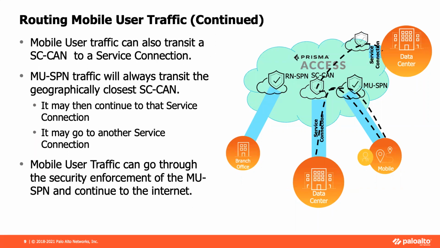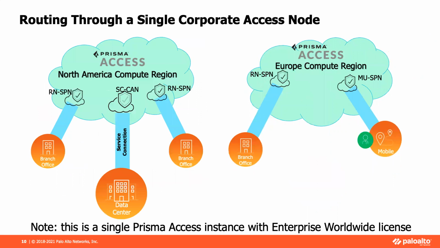Which means that if you have mobile users in different places inside your enterprise, you could certainly have mobile users that are in different geographic areas. You know, we call these regions in Prisma Access, but they roughly break down into continents.